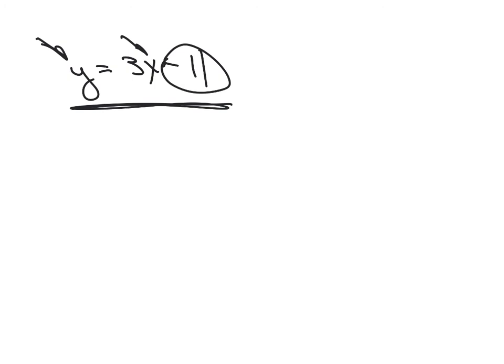So it's good to be able to solve for y so that you can get it in that form because, like I say, down the road, we will need it in that form because we're going to get into a lot more graphing.